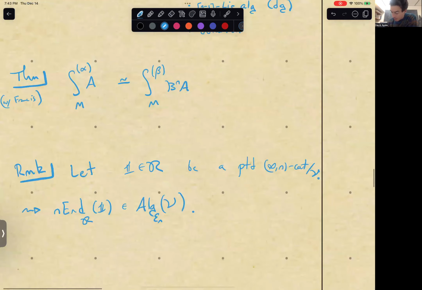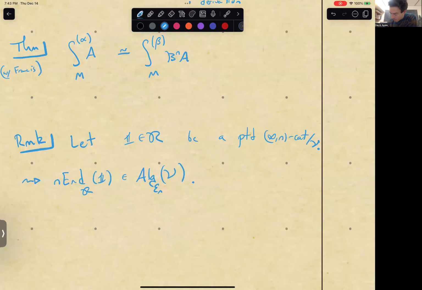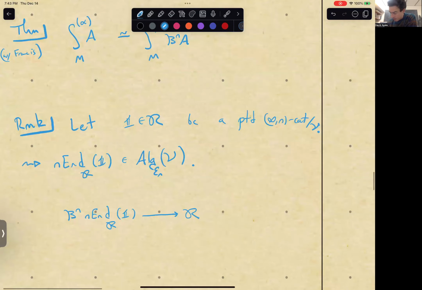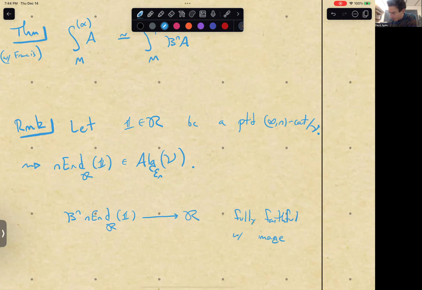So now one can, and furthermore, if there's a functor, which is, in fact, fully faithful with image everything isomorphic to the unit. So this selects out that component.